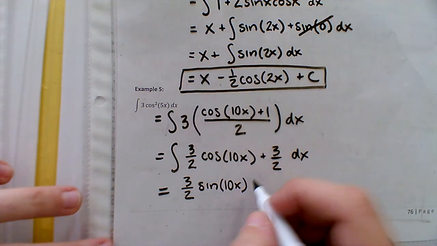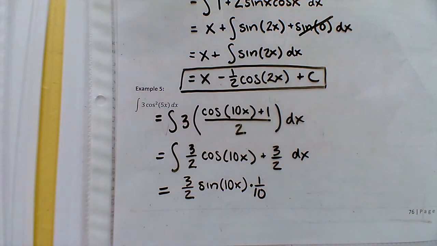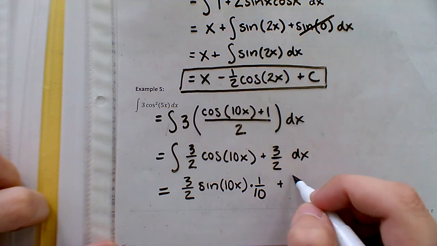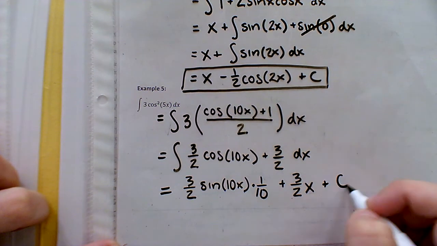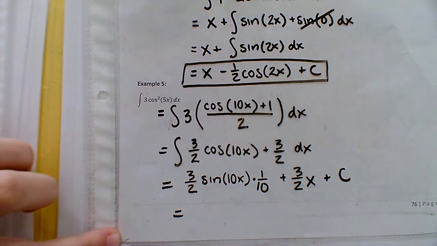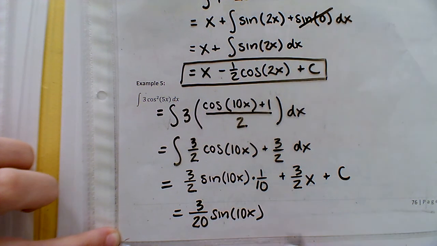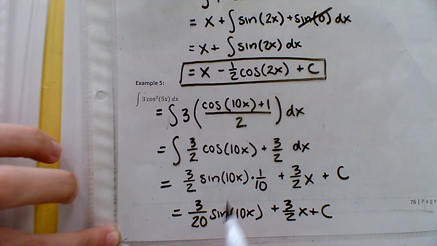So to counteract that, we'd have to divide by the derivative of the inside, or in other words, multiply by the reciprocal, which would be 1/10. And then antiderivative of the second term, we would just have 3/2 x. Don't know the bounds, so plus c. So simplifying, looks like we'd have 3/20 sine of 10x plus 3/2 x plus c.